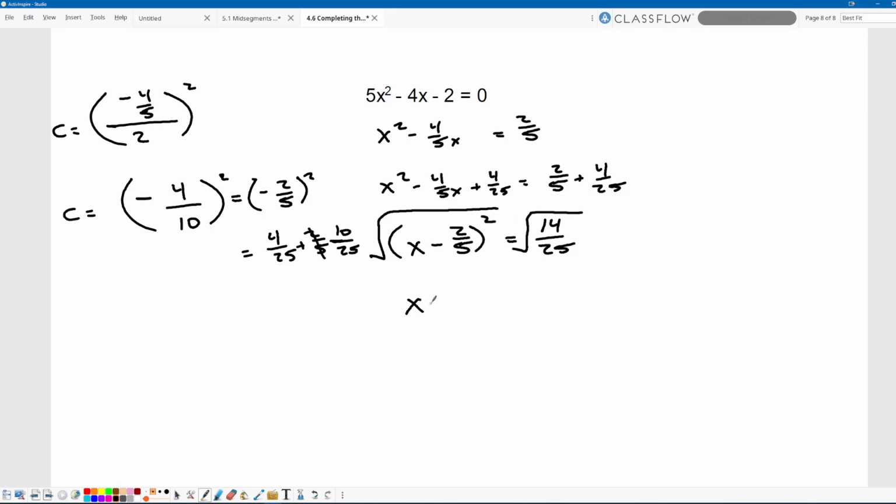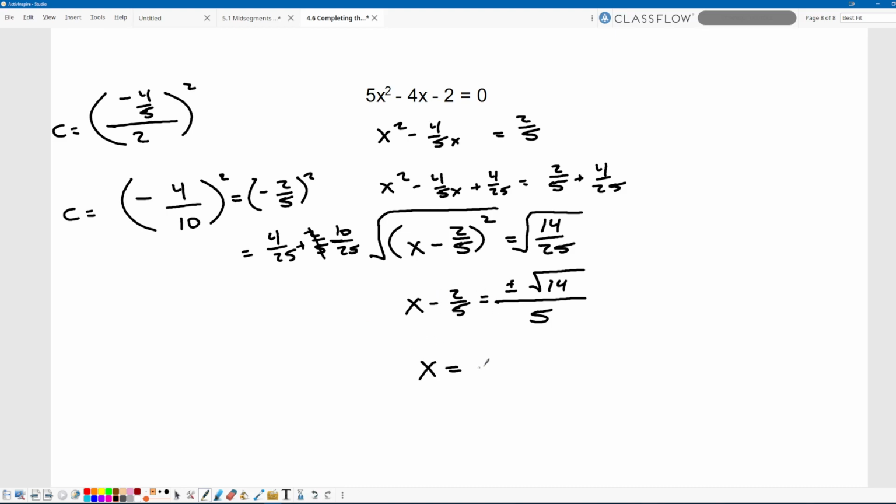You get x minus 2/5 is equal to plus or minus the square root of 14, because 14 is not a perfect square, over 5. I'll add 2/5 to both sides.